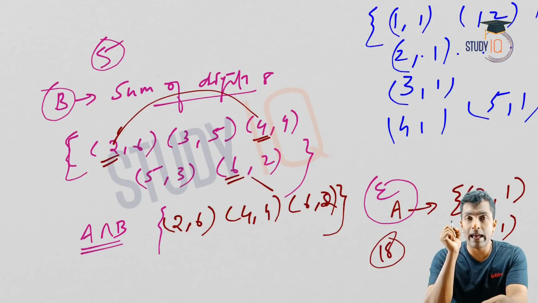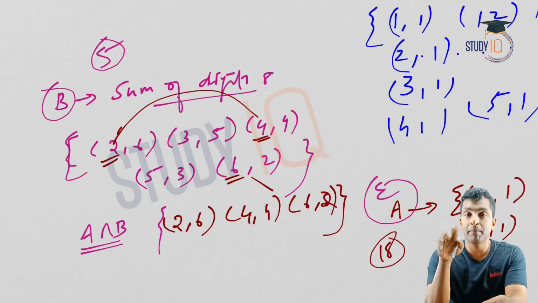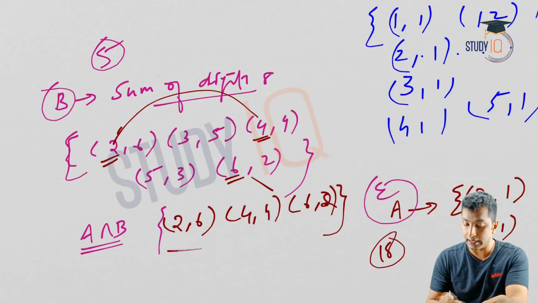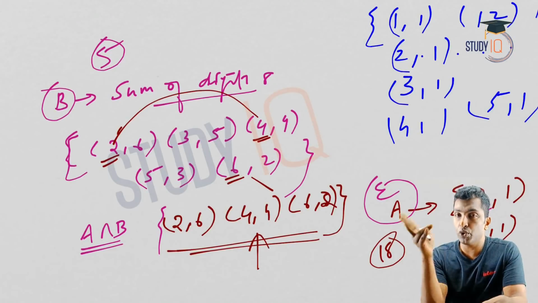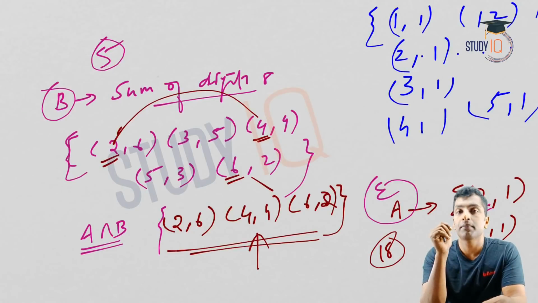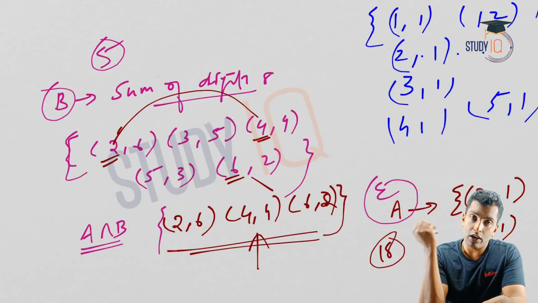So the elementary events favorable in A intersection B are these 3. If when you are throwing 2 dice you get 4 and 4, you will say A and B occur, that means A intersection B occurs. If you get 2 and 6, A occurred and B occurred, so A intersection B occurred.